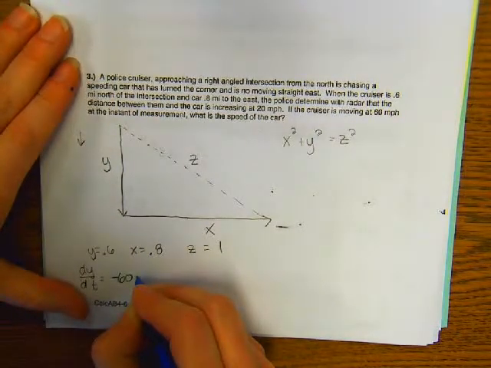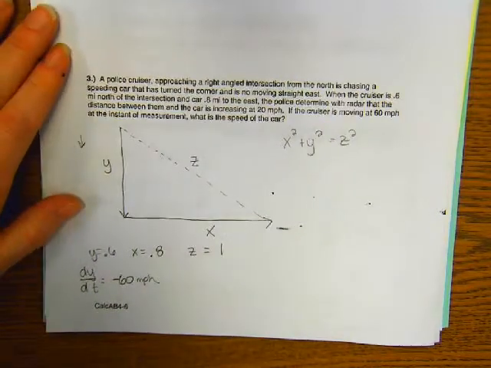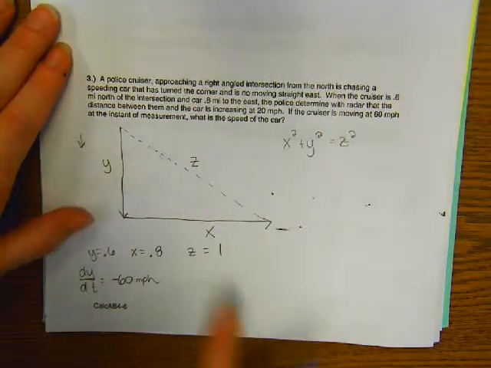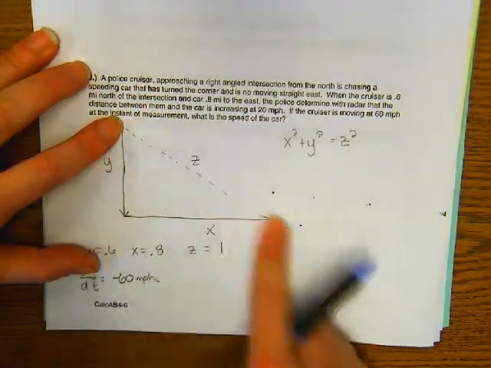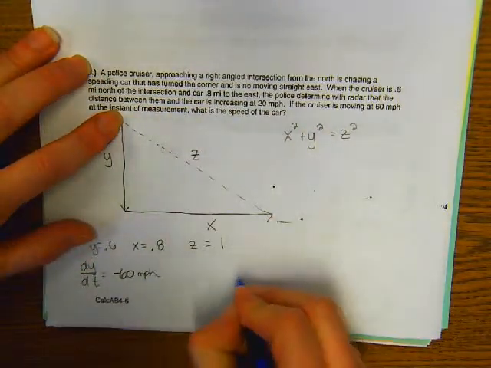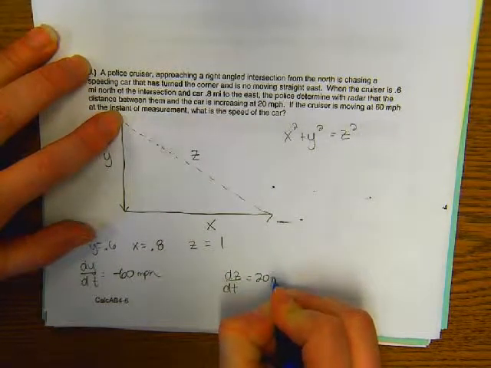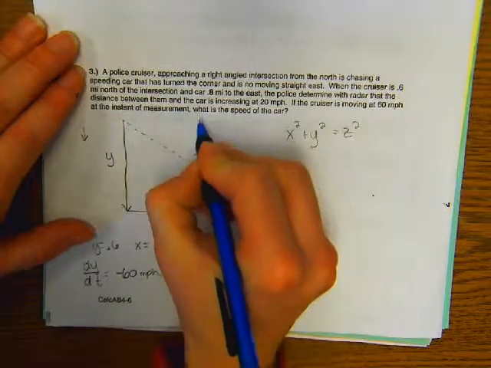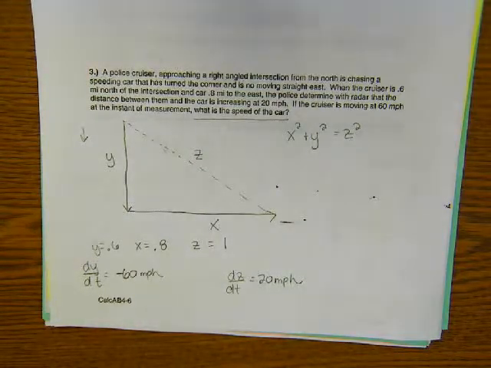At that time it says the distance between them is increasing, which means it's positive. So dz/dt is 20 miles per hour. What am I trying to find? The speed of the car. I am going to try to find dx/dt.